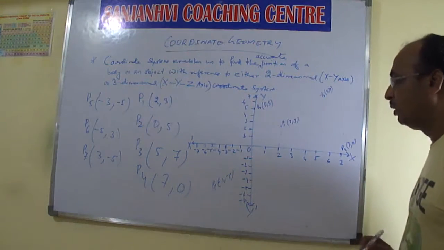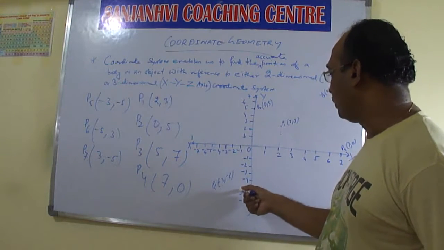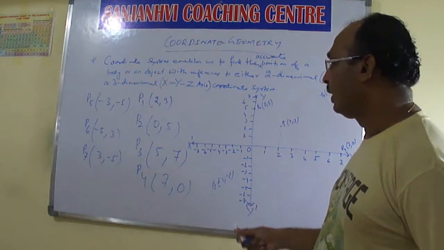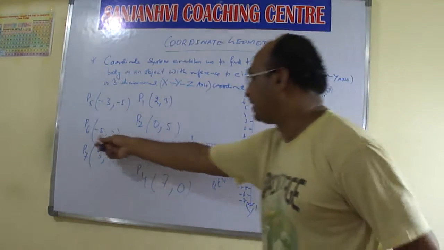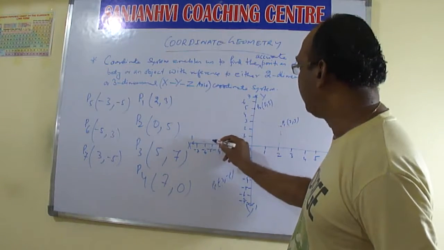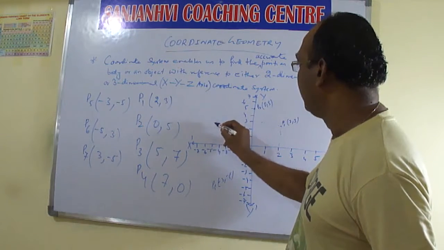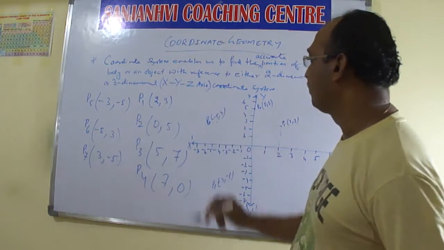Then P6 (-5, 3): -5 is x and y is 3, so somewhere here. This is P6.